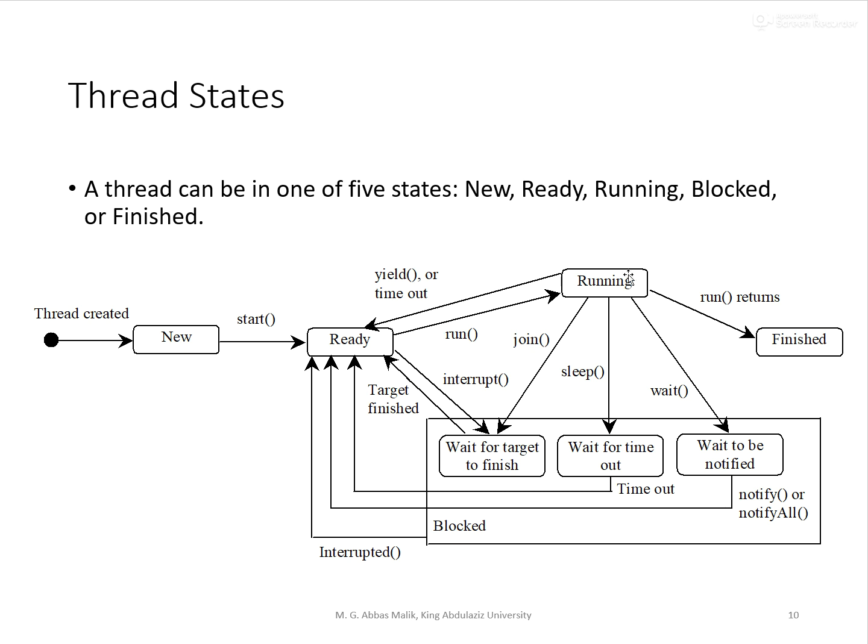While it is running, you yourself might put a yield method inside it, which will put it back into the ready state. And from the ready state, at some point, it might go back into the running state. So this giving up of the CPU might be managed by the OS, or might be done by you calling the yield method.